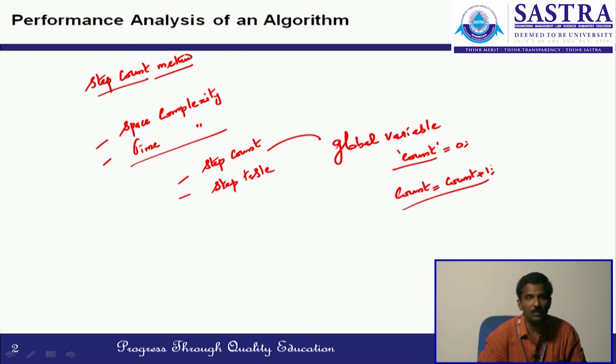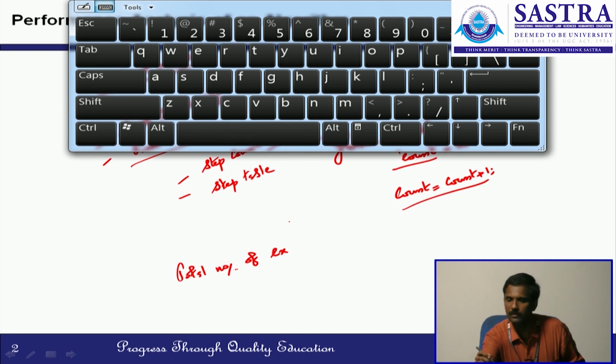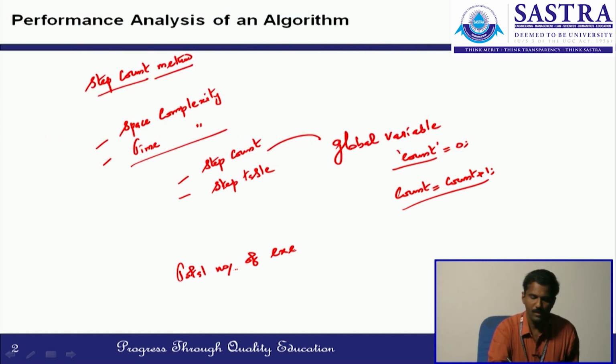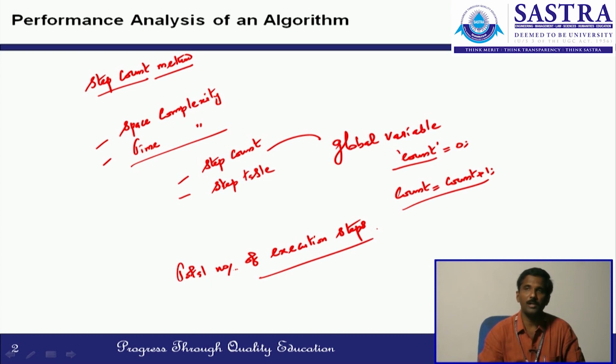Having the initial value of count as 0 and incrementing the count by 1 whenever we find any executable statement or program step, finally, we need to find the value of count so that we can find the total number of execution steps in the given algorithm. This is step count method.